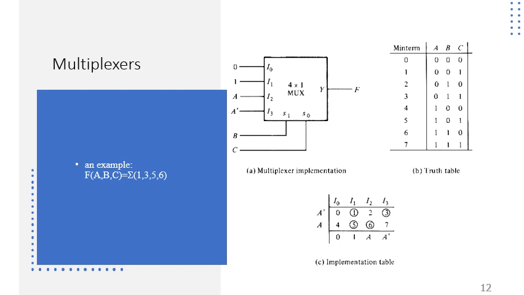In the later example, we're going to use the least significant input, and compare that input with the output, and with that process we implement the Boolean function by use of a multiplexer. So we've got two different approaches. Whichever approach you find convenient or easier, you can opt for that.